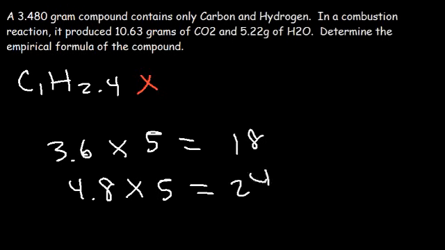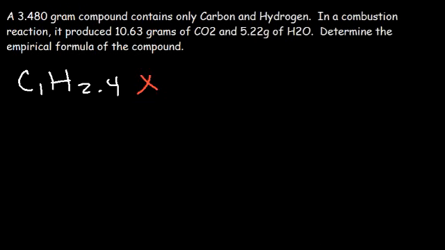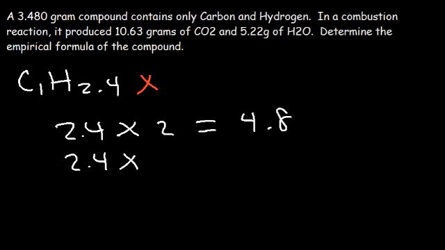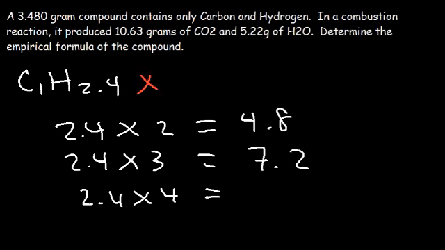Now let's say you don't remember all this. What can you do to figure out the answer? Is there a systematic way of getting the answer? And there is. You know 1 is not going to work, so start with 2. Multiply by every integer in increasing order, and eventually you'll get the answer. If you multiply by 2, it's 4.8. That doesn't work, so let's move on to 3. If you multiply by 3, that's 7.2. That doesn't work. If you multiply by 4, that's 9.6.